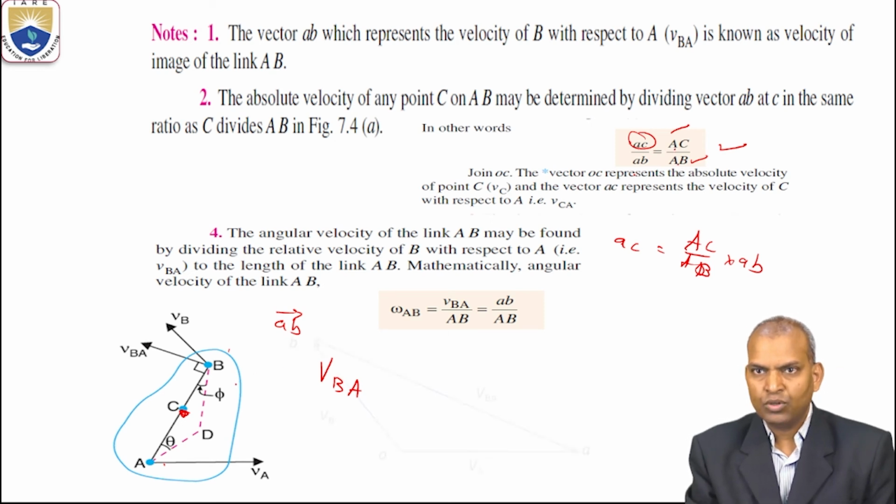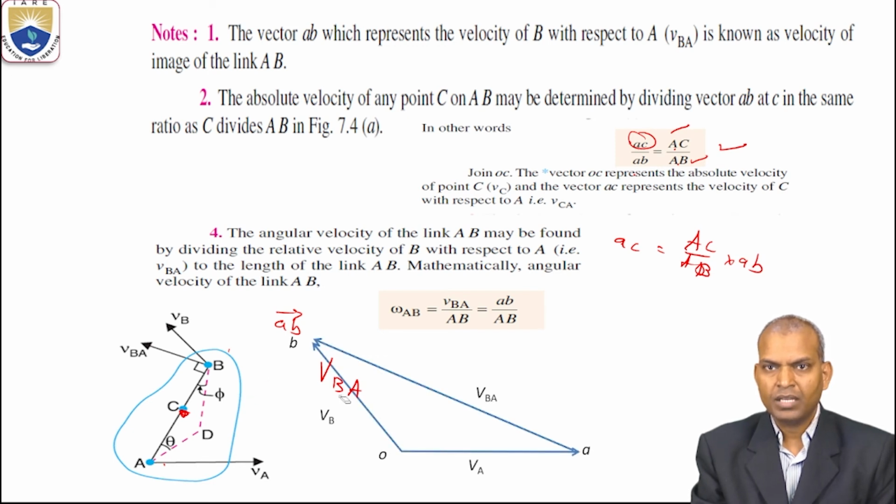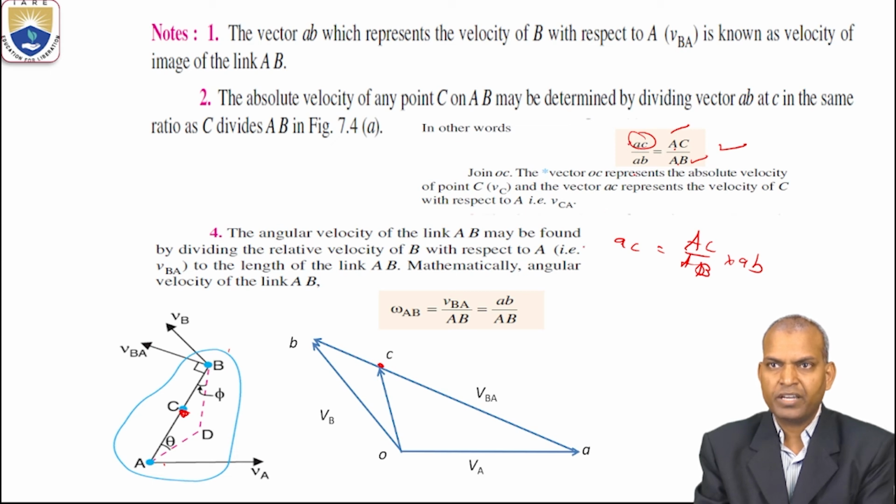Now join OC. Let us see how to find out. This is the diagram we have drawn so far. Now what to do? Join OC. We have to divide this line, so that AC comes out from this equation.